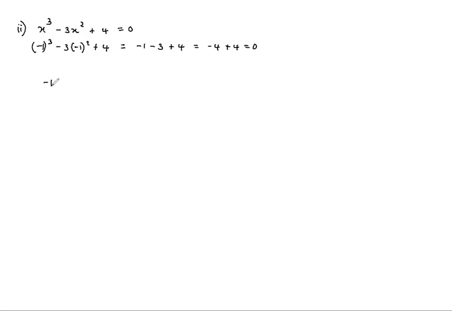By synthetic division, we pick 1, negative 3, 0 for x, and 4. We add a 0, we get a 1. We multiply negative 1 by the 1 down, we get negative 1. We add, we get negative 4. You multiply, you get positive 4. You add, you have 4. You multiply, you get negative 4. You add, you have 0.